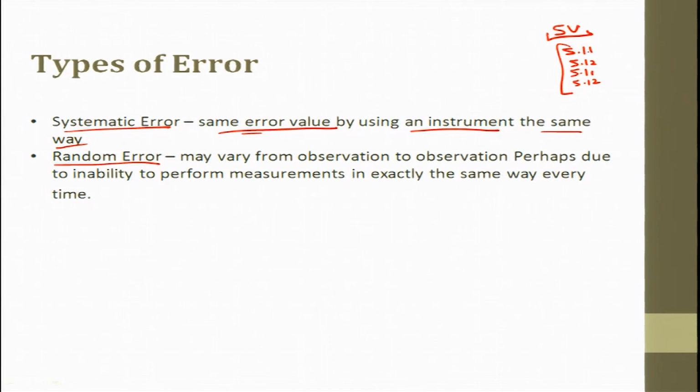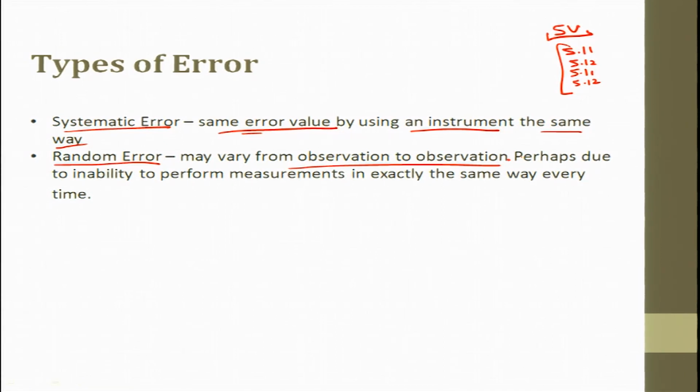Random error may vary from observation to observation, perhaps due to inability to perform measurements in exactly the same way every time. This error might be due to a change in environment, a change in instrument, a change in the experimental conditions, or a change in experimenter.